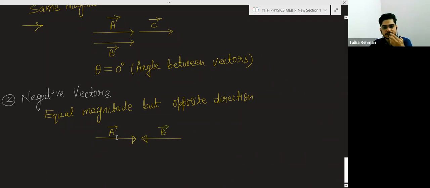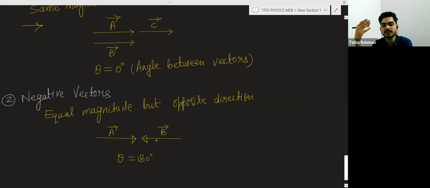In this case, suppose the length of both the arrows are same, means the magnitude of A vector and B vector is same, but they are in different directions. Different direction means they are in opposite direction. Okay, one vector is going towards left, another vector is going towards right. So always in this case, the theta is 180 degree.